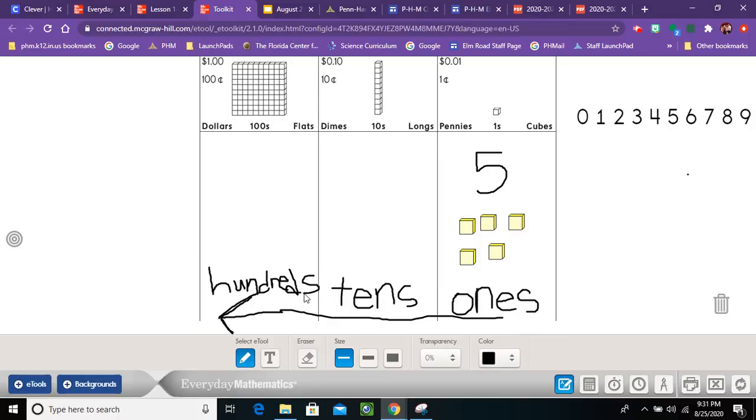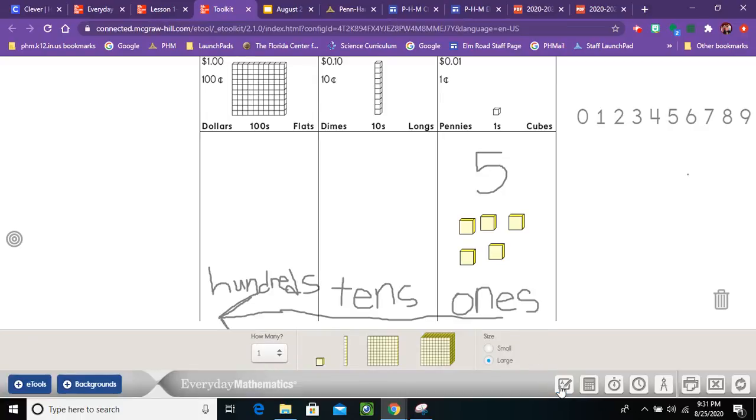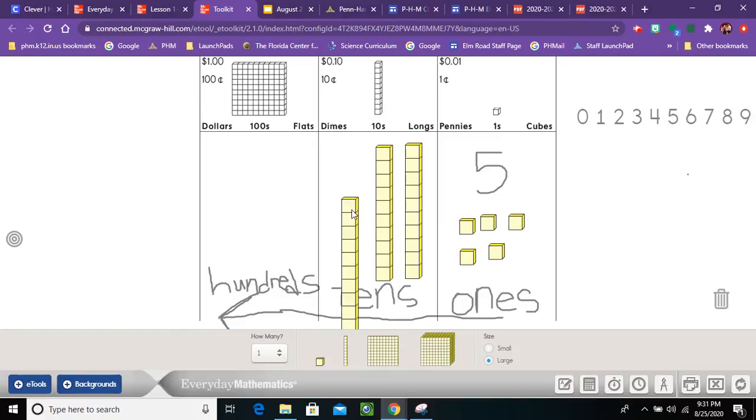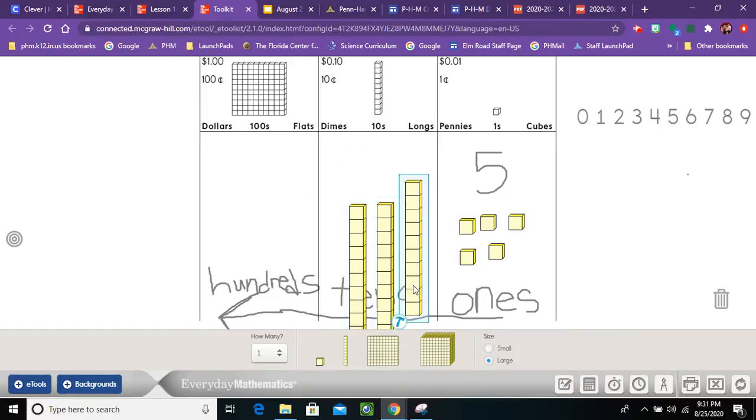All right. When I use my toolkit, I can put some longs, which are groups of 10 cubes put together, into the tens place. If I put 3 longs into the tens place, what number do you think I will be writing?